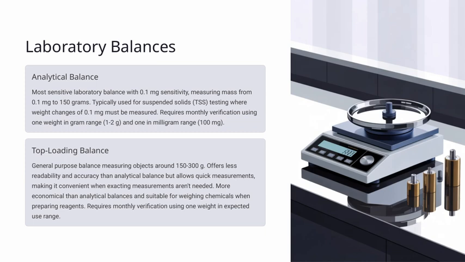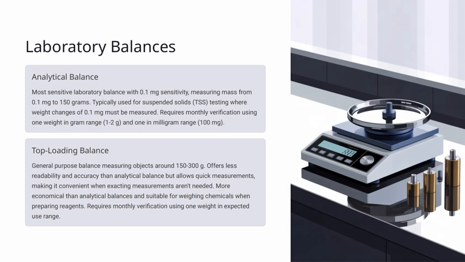Now, moving on to the top-loading balance. This is more of a general-purpose instrument, usually measuring objects around 150 to 300 grams. While it's less precise, meaning it has lower readability and accuracy compared to the analytical balance, it offers the advantage of quick measurements. This makes it very convenient for tasks where extreme precision isn't necessary, like weighing chemicals when preparing reagents.